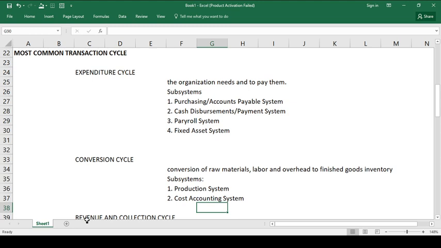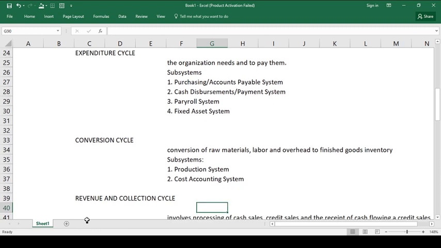As to the cost accounting system, how are we going to measure the different inventoriables in that particular process? That's the cost accounting system. So the production system and the cost accounting system are part of the conversion cycle, which will be discussed in the last part of the AIS subject, which is Unit 7, okay?